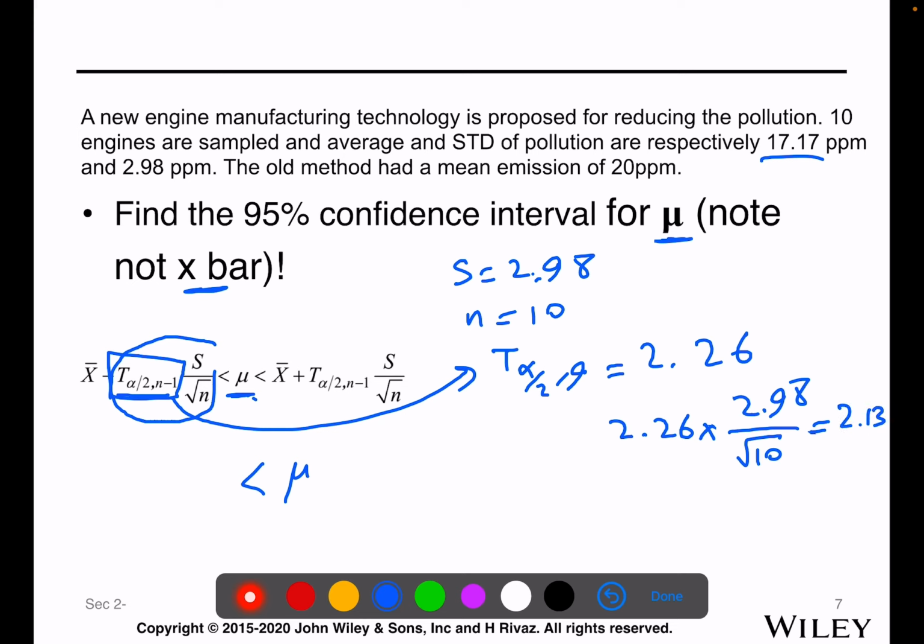So mu is more than x bar, which is 17.17 minus 2.13, and less than 17.17 plus 2.13, right?